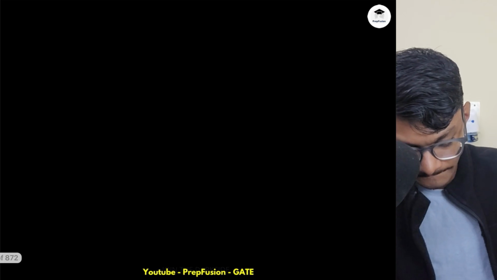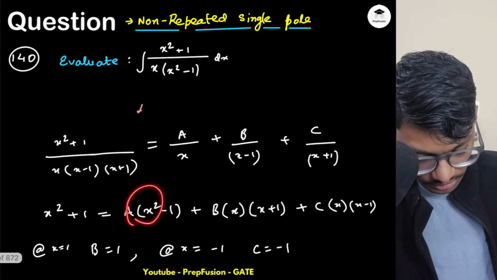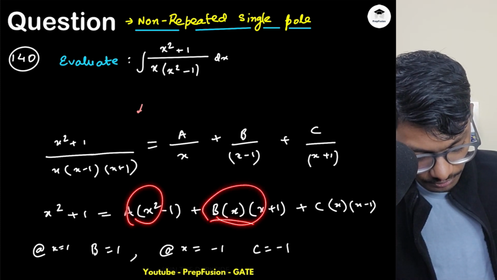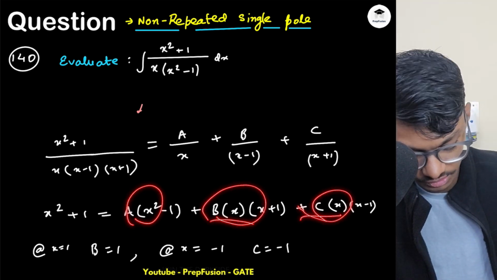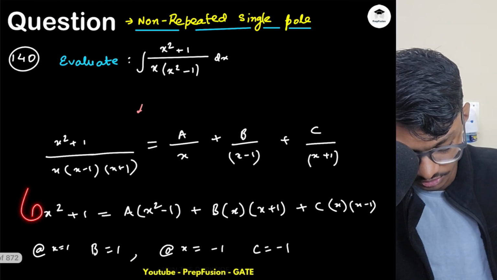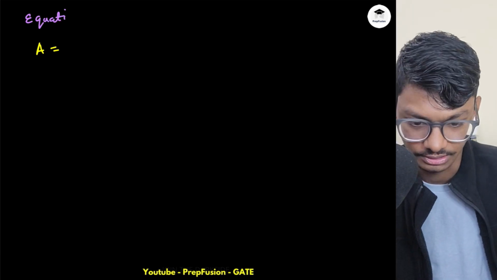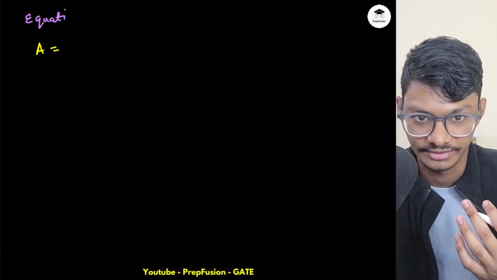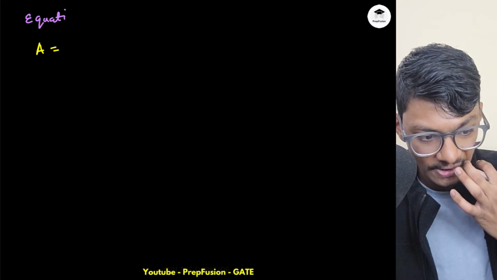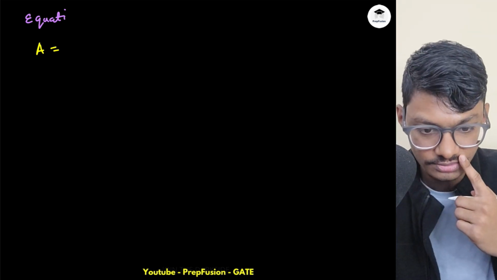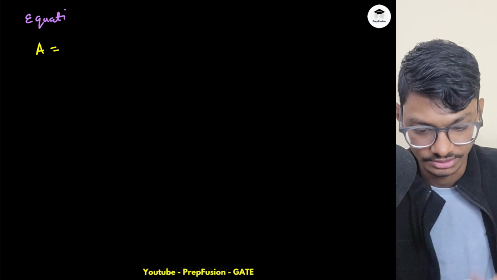And what about a? I can simply equate the coefficients. If I equate the coefficients of x squared: a plus b plus c should be equal to 1. These methods I hope you already know. I am not teaching you partial fractions right now. If you don't know, you can watch my video for control systems. I don't have time to teach the partial fractions thing.